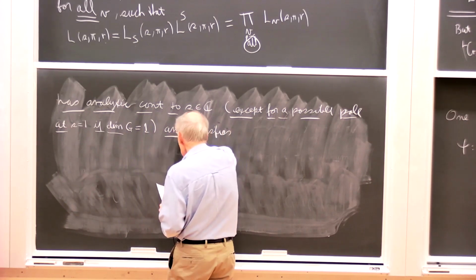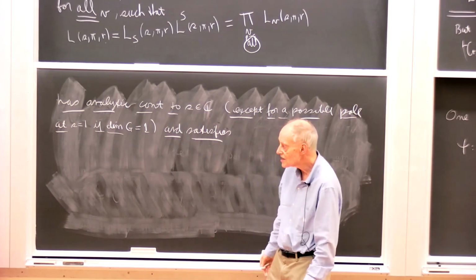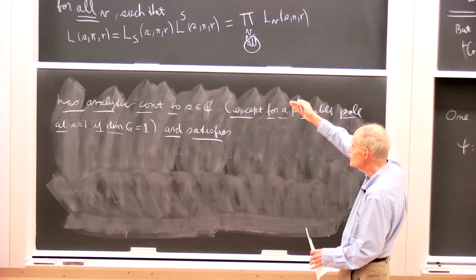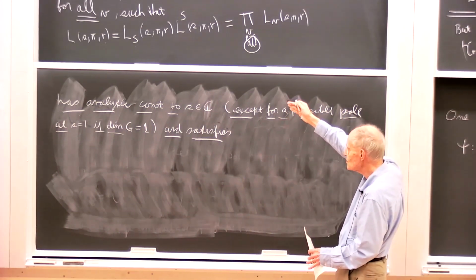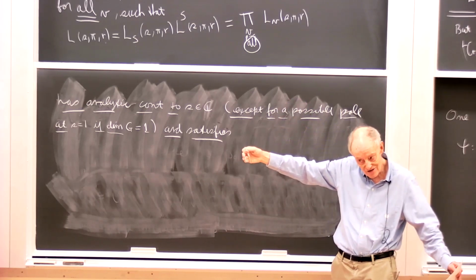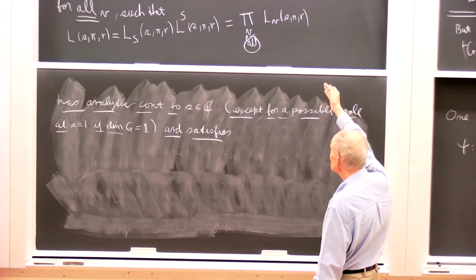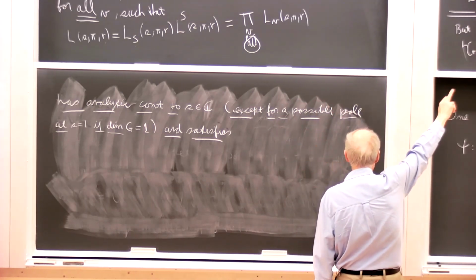Okay, so the assertion is, can you put in these extra factors in such a way that the resulting thing has analytic continuation? Well, these extra factors are going to be meromorphic functions themselves. So what's really relevant is the analytic continuation of that one up there.